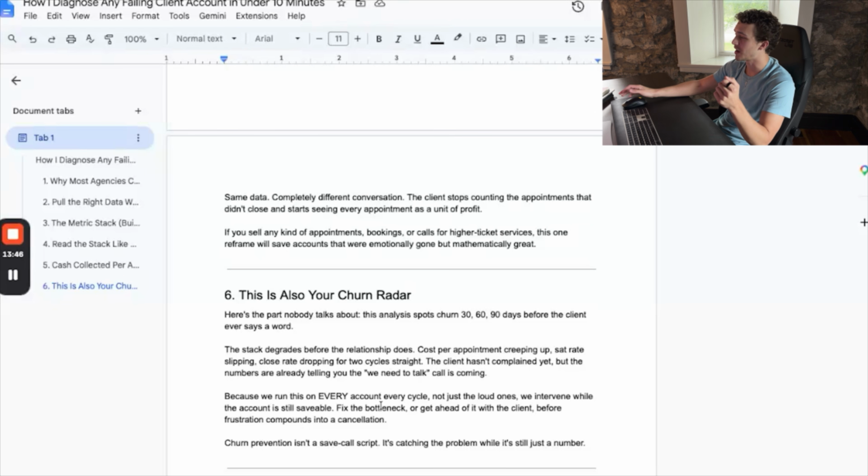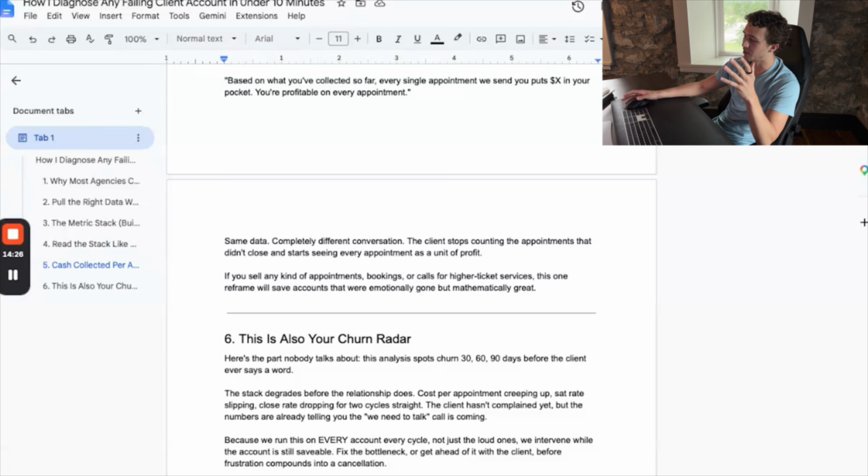And because we run this on every single one of our accounts, not just the ones that are loud or might be struggling already, we can intervene while the account is still savable. This is what's really important about doing this bottleneck analysis, because if you can fix the bottleneck or get ahead of it with one client before the frustration compounds into a cancellation, you can prevent it 30 days or possibly even months in advance.